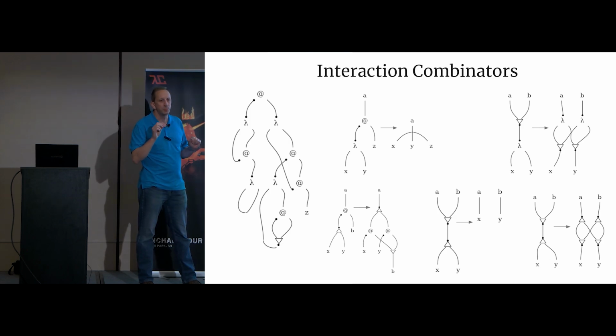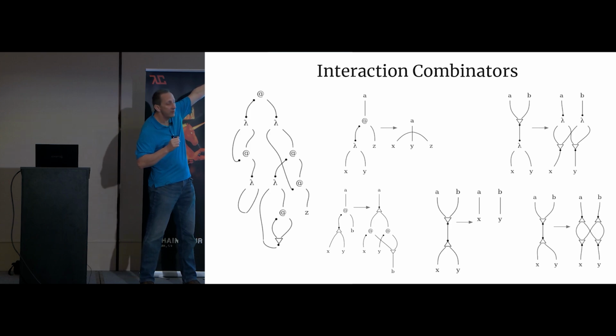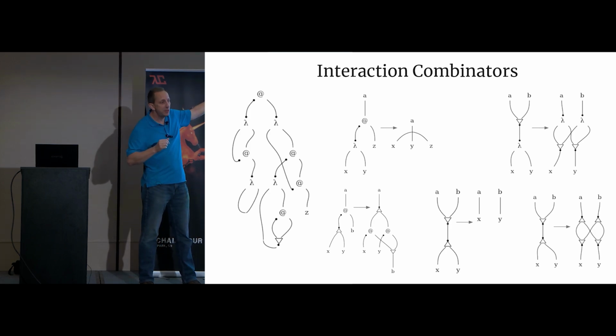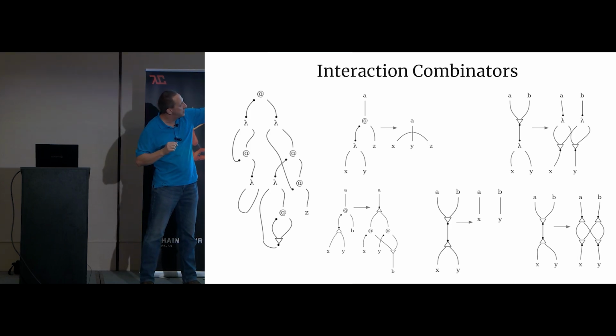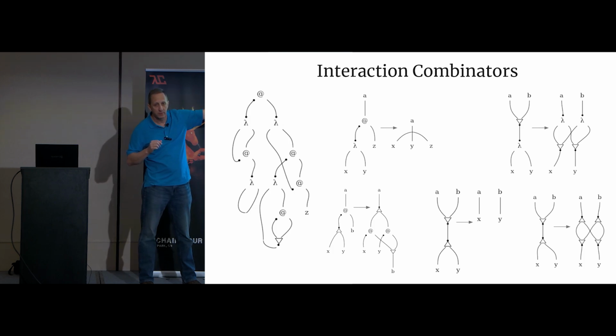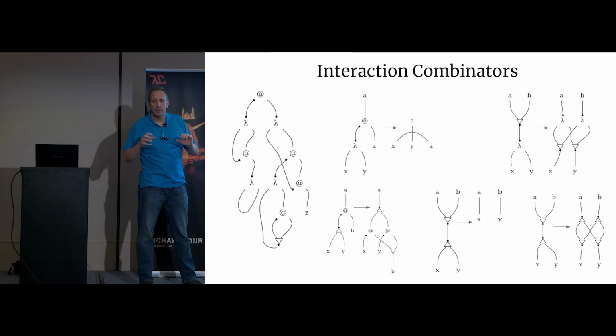That is the principal port of that type of node. Anytime you have 2 principal ports connected by an edge, like up there at the very top left, that means you can apply one of these combinators, one of these operations on the right-hand side, and reduce the graph. Okay, is everybody there? Cool.